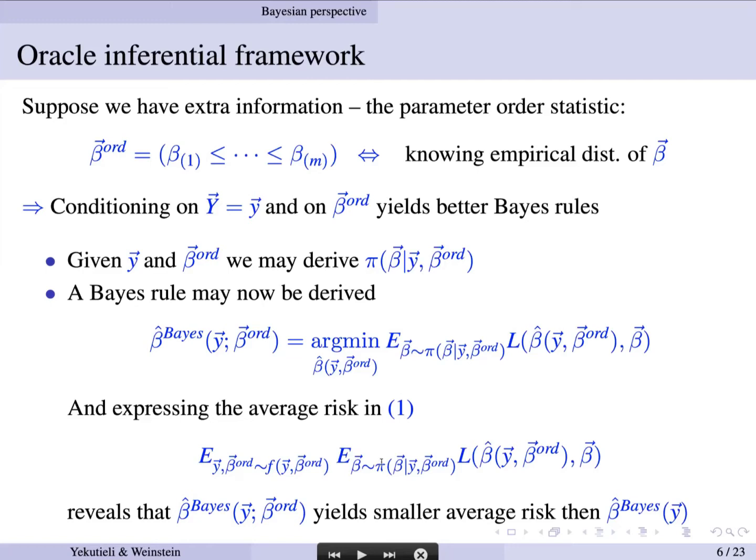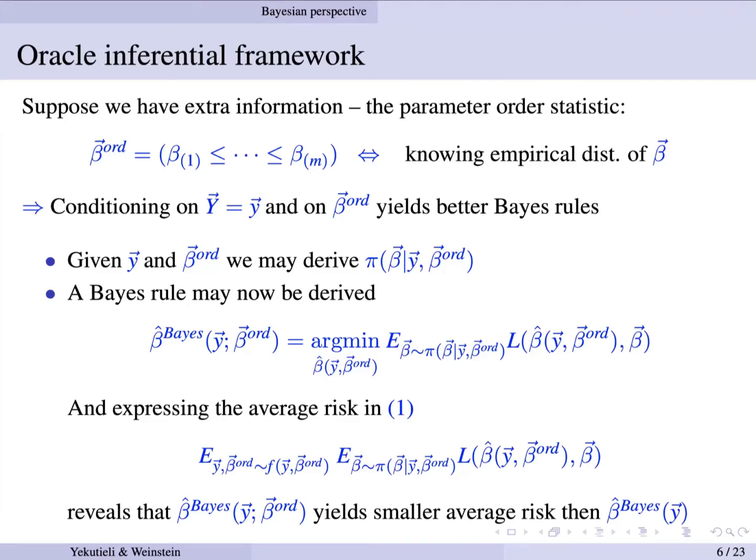Because this conditional expectation assumes I'm conditioning on y and beta, once I condition on more, my function is of more stuff, and therefore I can have a smaller average risk, okay?